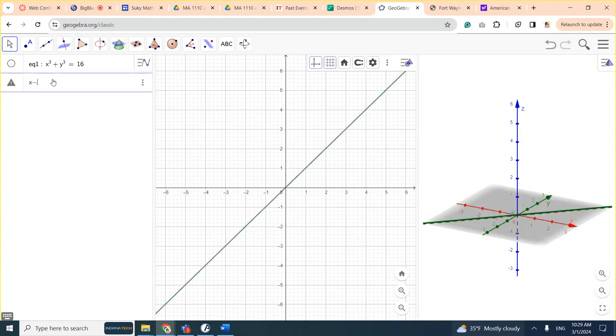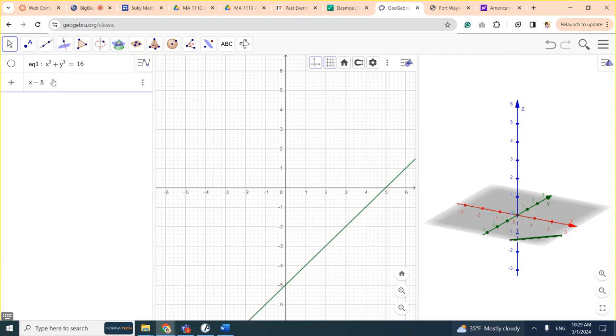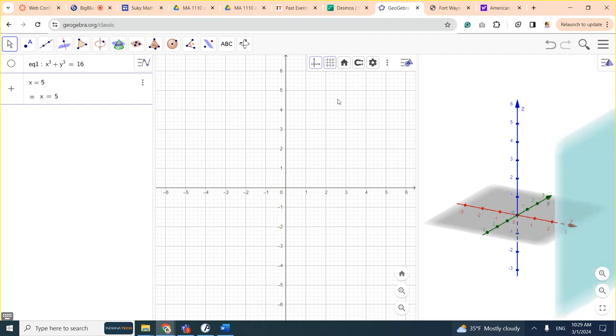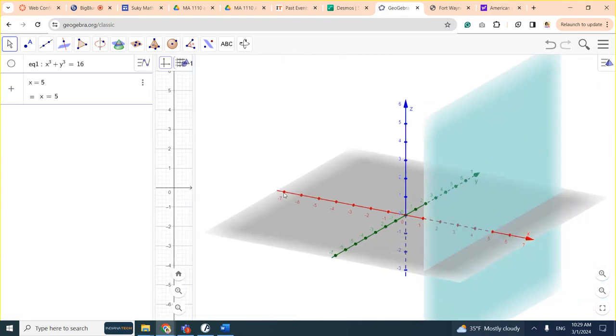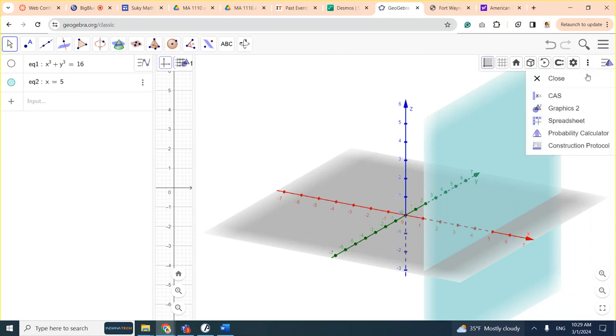And let me draw. Okay. Let me see. Oh, okay. So x equals 5. Yes. Let me make this one. Yeah, you click this and then here you click dot. You can choose the 2D graphic or 3D graphic.